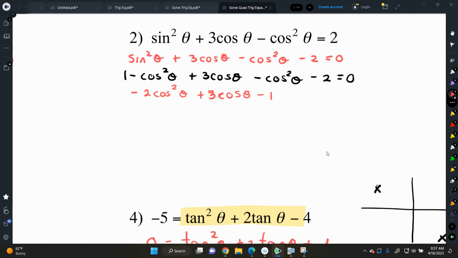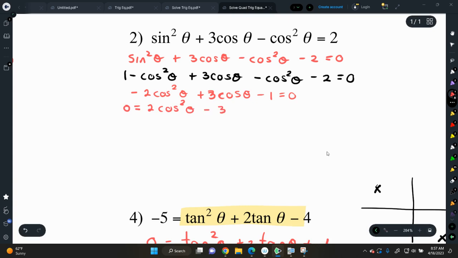Negative 2 cosine squared plus 3 cosine minus 1. I don't like that square term being negative, so I'm going to move everything to the other side of the equal sign so that it will be positive. So 0 equals 2 cosine squared theta minus 3 cosine theta plus 1.